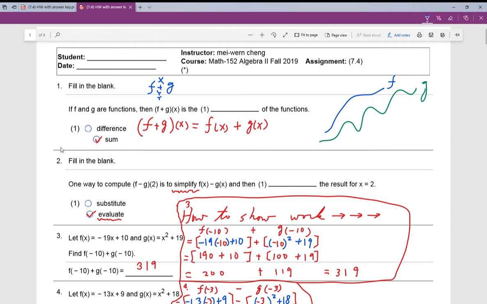And actually, functions can be expressed by the graph. So if you have two functions presented by the graph, how do you multiply two functions, add two functions, or subtract, or divide? Actually, we don't do that.